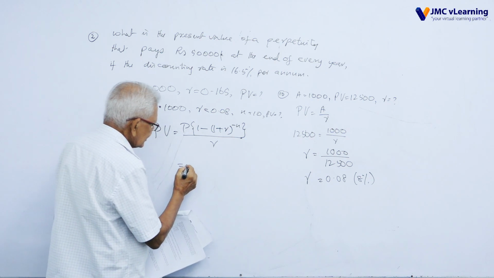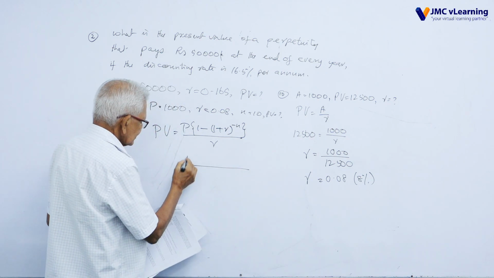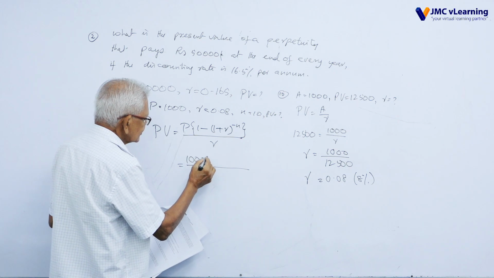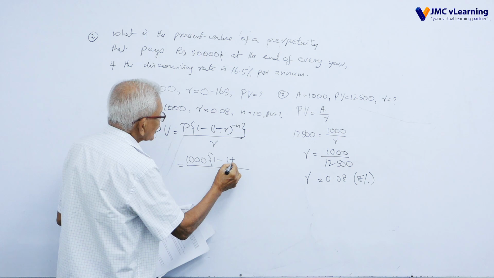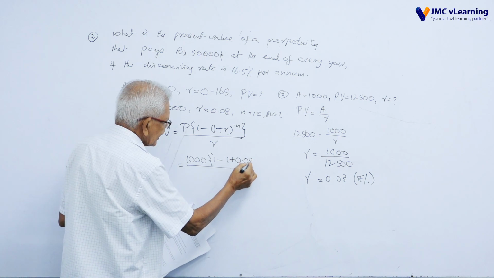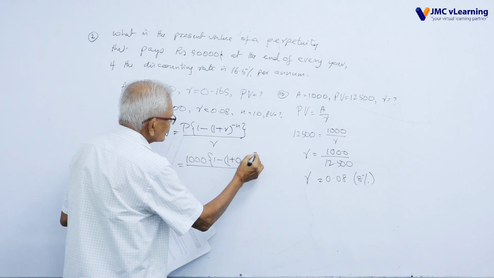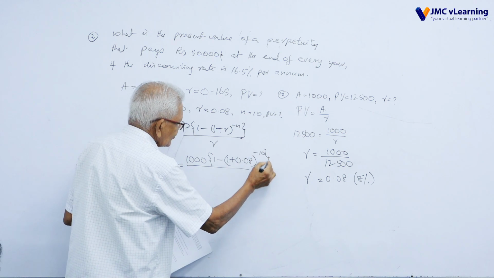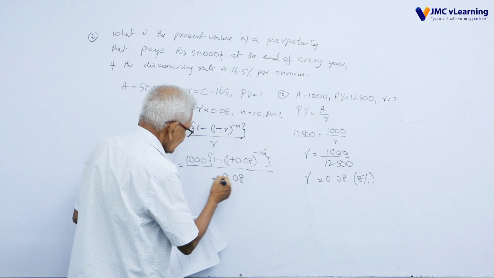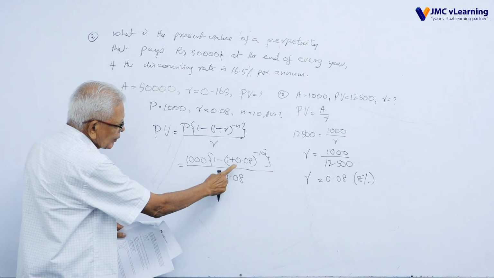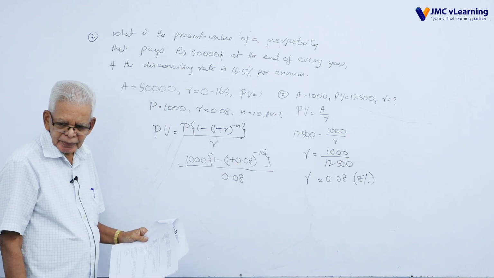PV equals 1000 times 1 minus 1.08 to the power minus 10, over 0.08. Calculate this one and see. Make a 1.08.